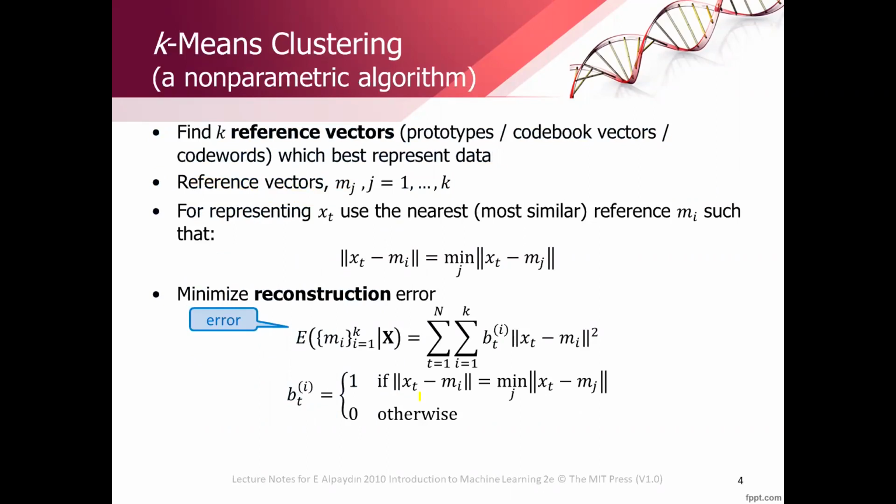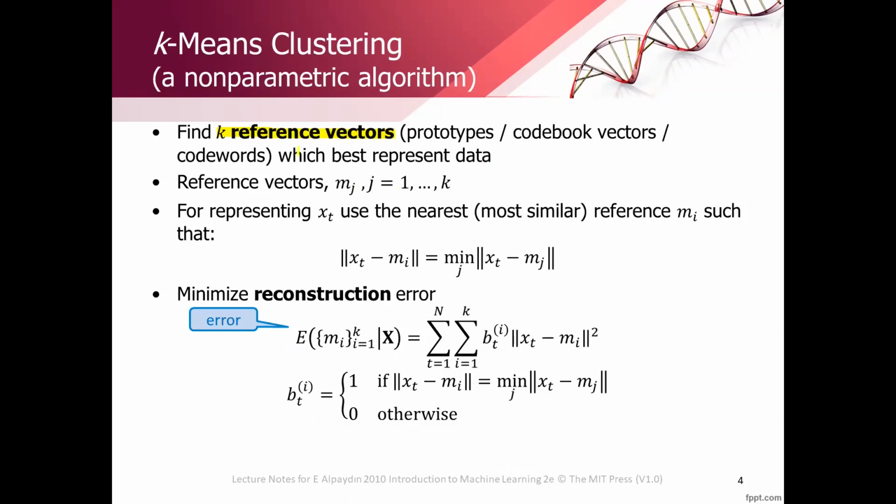K-means clustering is the algorithm which tries to find k representatives of the data. The representatives here are called reference vectors. Sometimes they are called code words or code book vectors. Why? This will be explained on the next slide.